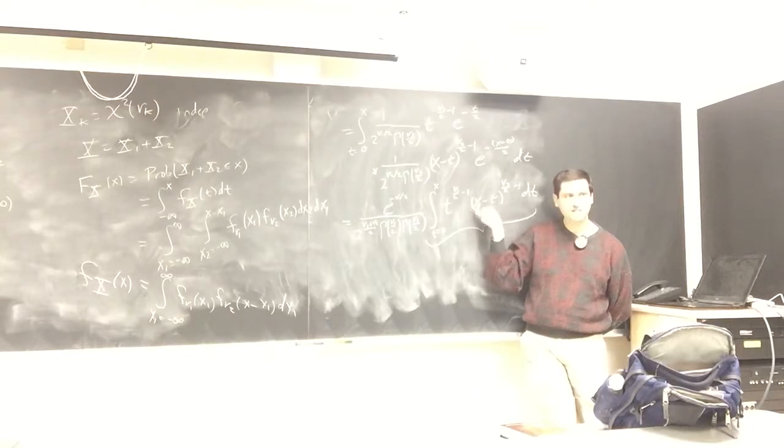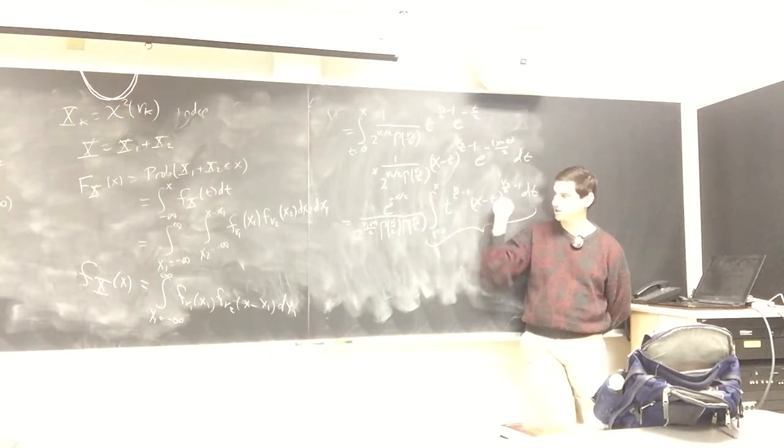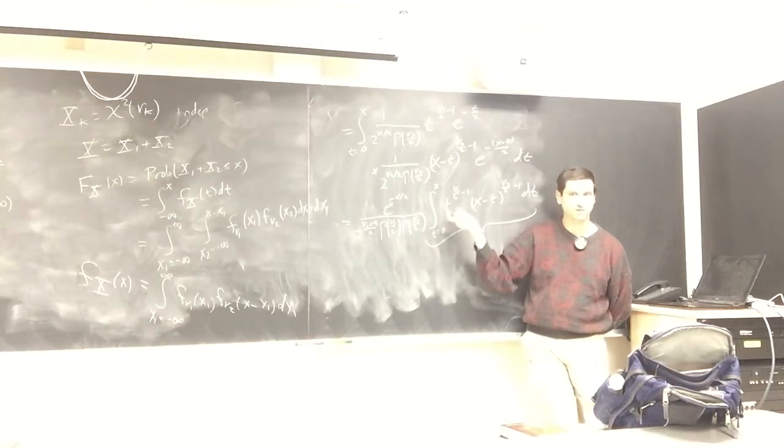How well do we need to understand the value of this integral? This is going to give me a function of x, right? If I integrate this function on x from 0 to infinity, what do I get? I get 1, because this is a probability density function.